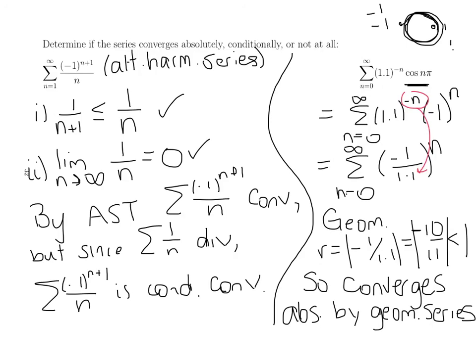So hopefully those examples help you see a little bit about how the alternating series test works. The main thing is that you just need to check these two conditions. And remember, if it isn't obvious that it's decreasing, you can always show decreasing by taking the derivative.